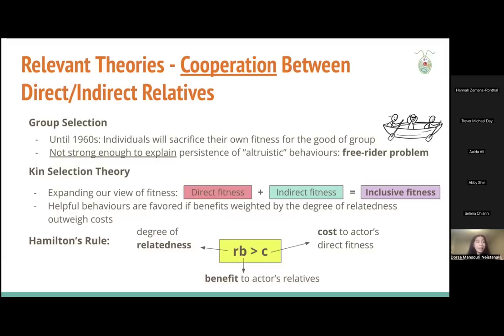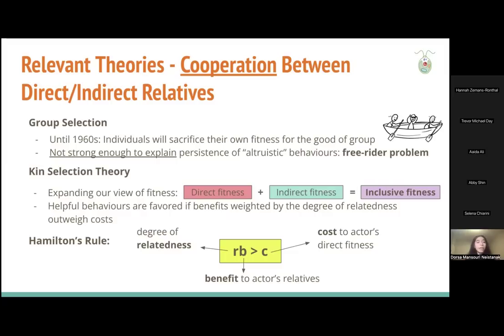But we expanded that to also include indirect fitness. So that's another way of ensuring your alleles are present in the next generation. And this time it's helping non-descendant, more distant relatives who have similar alleles to you to survive and have offspring. Altogether, this makes up inclusive fitness.